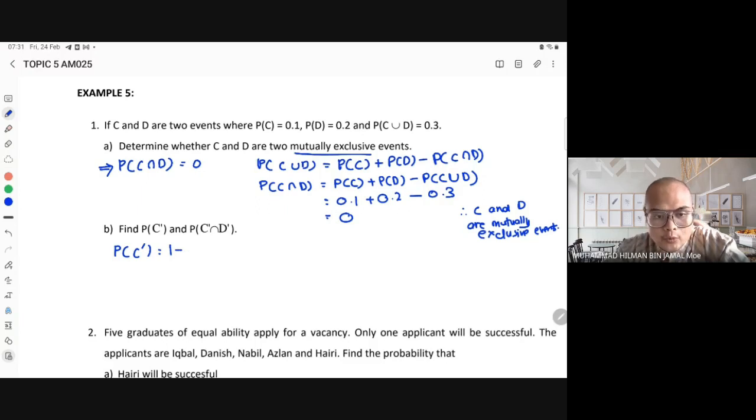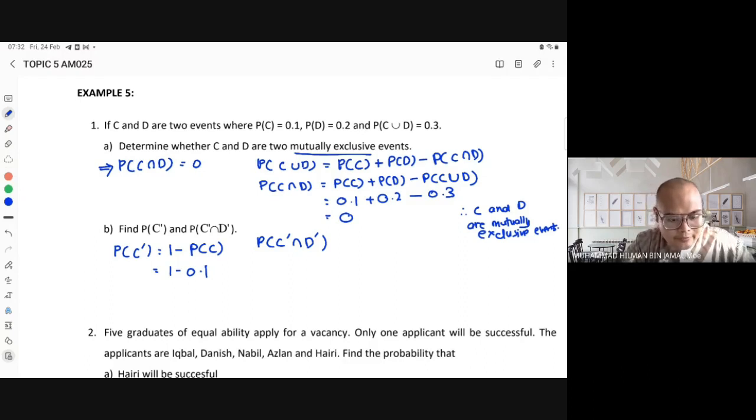So we have 1 minus probability of C. Okay, so it has been given, 1 minus 0.1. And then next we want to find the probability of C prime intersect with D prime. Okay, the one that equals 0 is C intersect with D, not C prime with D prime. So for C prime and D prime we still have a value. Okay, so how do we find it?